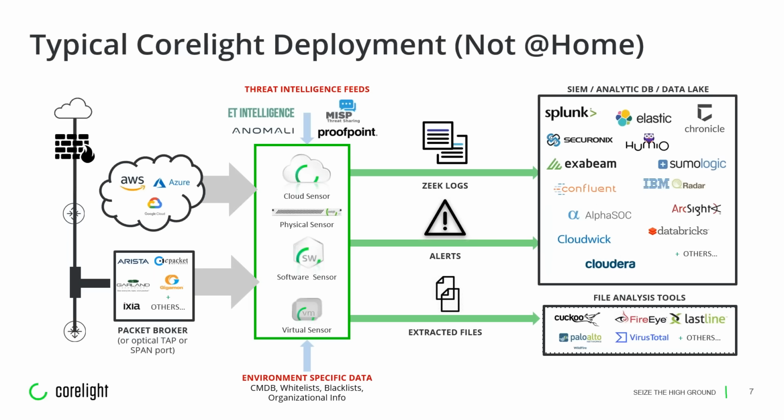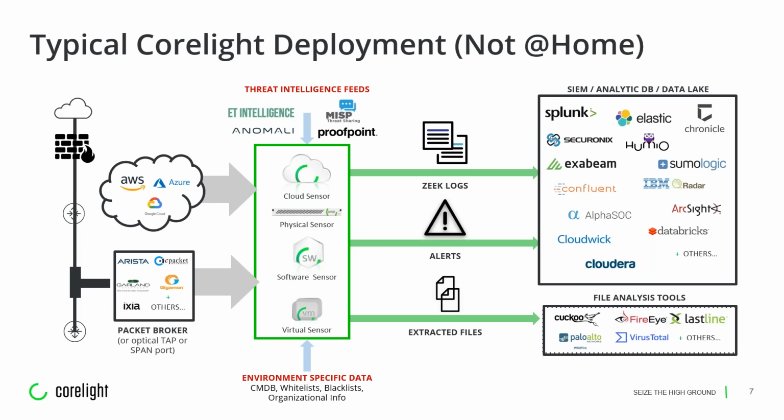In traditional enterprise deployments of Corelight, this was done in a north-south environment, which is the diagram we see here, where you have a tap coming off of ingress and egress, and that can be a packet broker or a virtual tap or whatever.